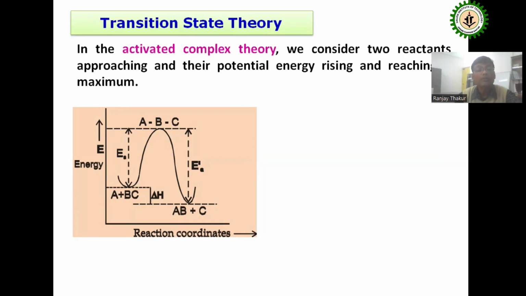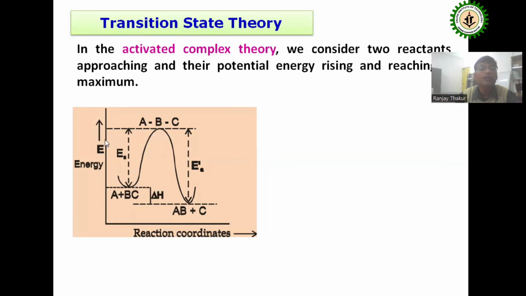Once their energy level reaches a certain minimum level, this peak line as we see here, then they are able to convert into product.